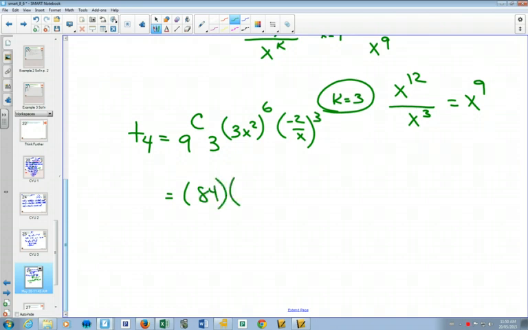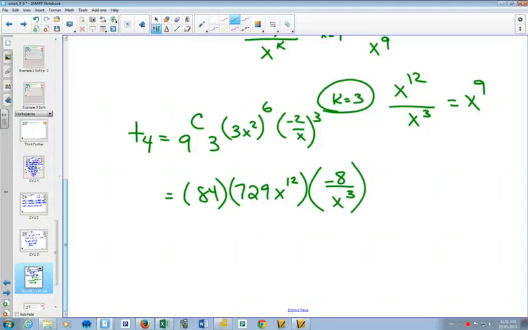Expand each of these separately, because if you try to do too much at once, you'll make a mistake. 3 to the power 6 is 729. X squared to the power 6 will be x to the 12. Negative 2 cubed will be negative 8. And x cubed. Multiply our numbers together, so 84 times 729 times negative 8.